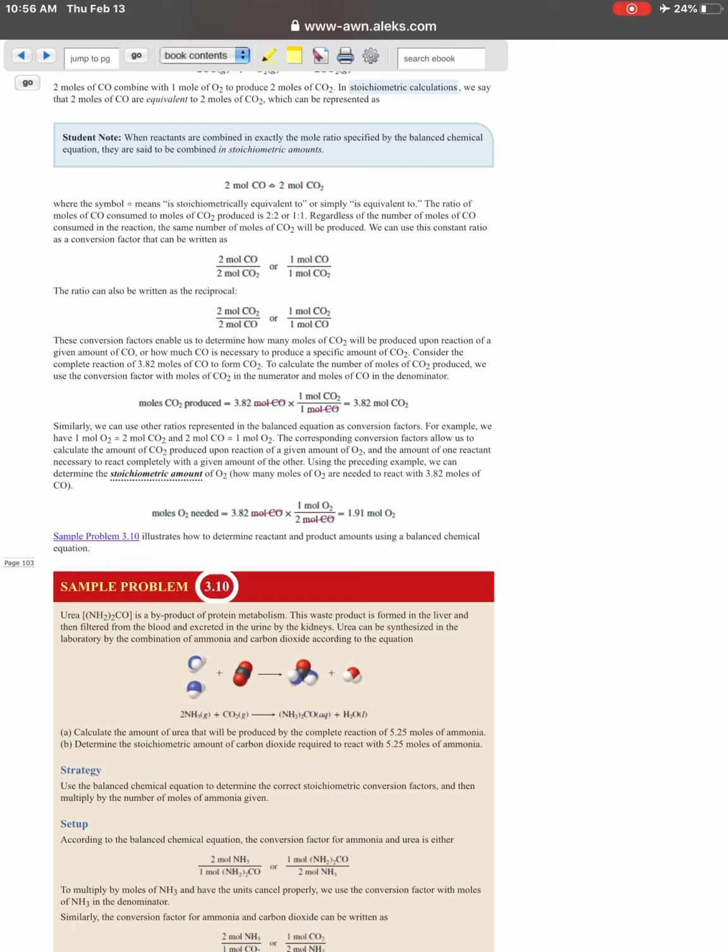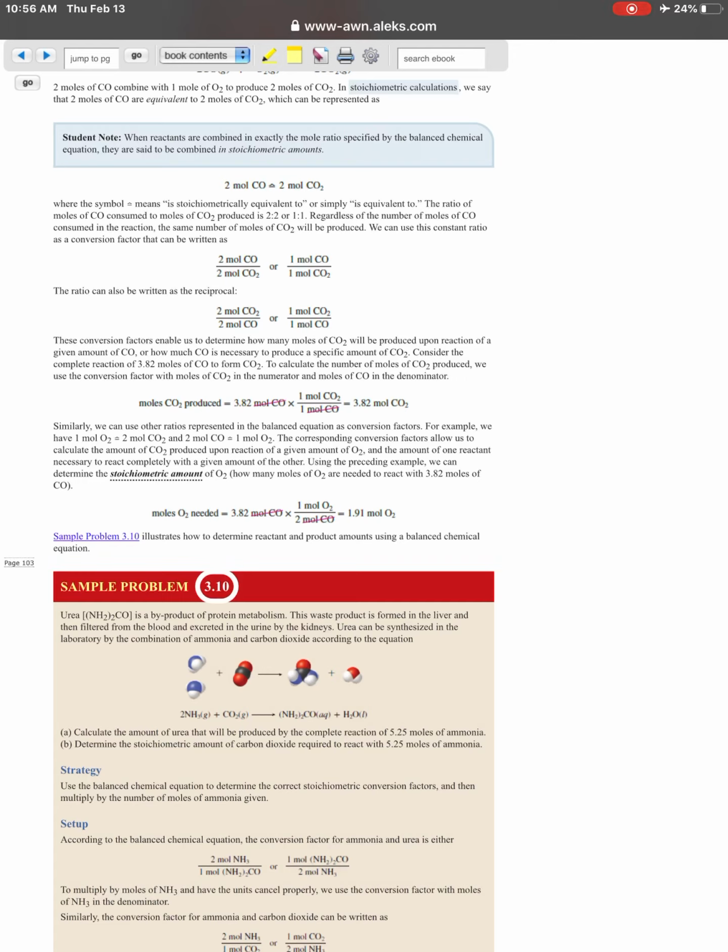So this also allows us to predict how many moles of O2 will react. Well, let's take a look. 3.82 moles of CO times 1/2. Why 1/2? Because in the balanced equation, there's 1 mole of O2 that reacts for every 2 moles of CO. So when you take that ratio, 1/2, and multiply it by 3.82, you get 1.91 moles of O2. Notice the dimensional analysis.